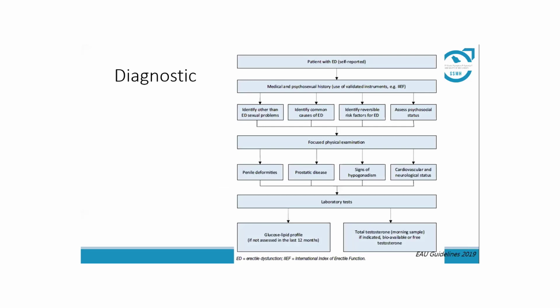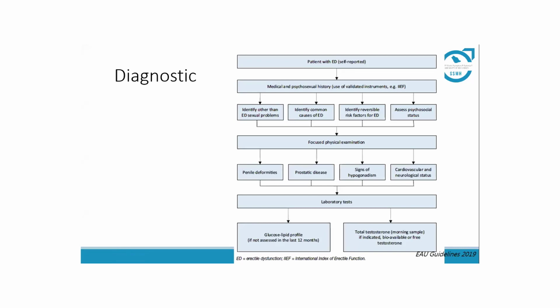So here is the algorithm that's suggested by the American Urological Association in the 2019 guidelines. Go for history to identify other sexual problems other than erectile dysfunction, including premature ejaculation and orgasmic problems, identify the common causes of erectile dysfunction, identify the reversible causes, and assess the psychological status of the patient.